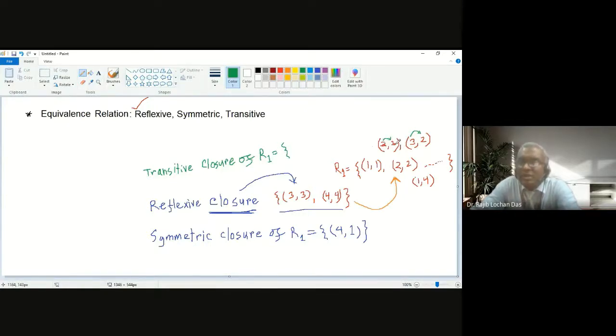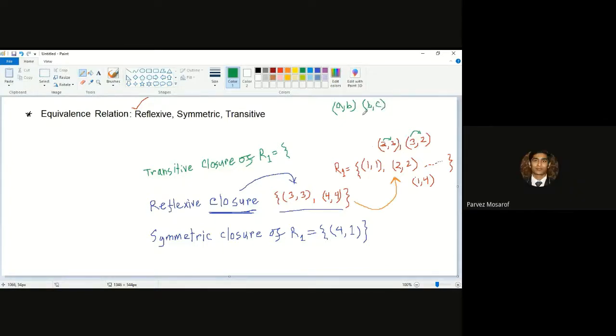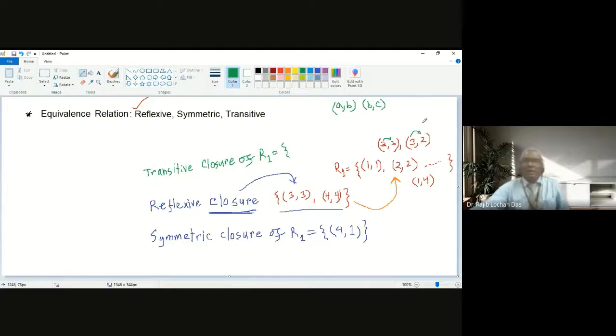It is like A, B and B, C. So what will be the third item? A, C. In this case, the third item will be 2, 2. So do you have 2, 2? Yes, it is already there. So 2, 2 is fine.